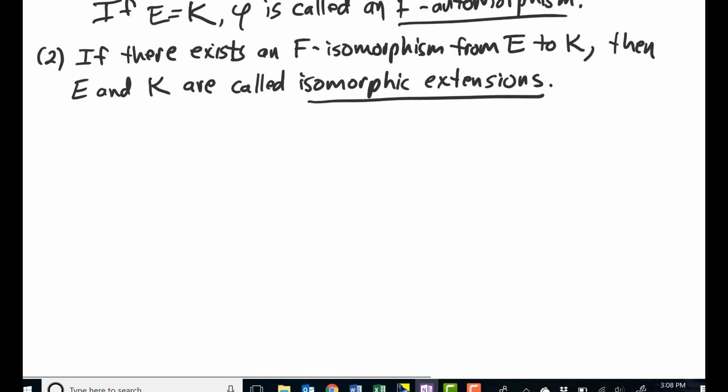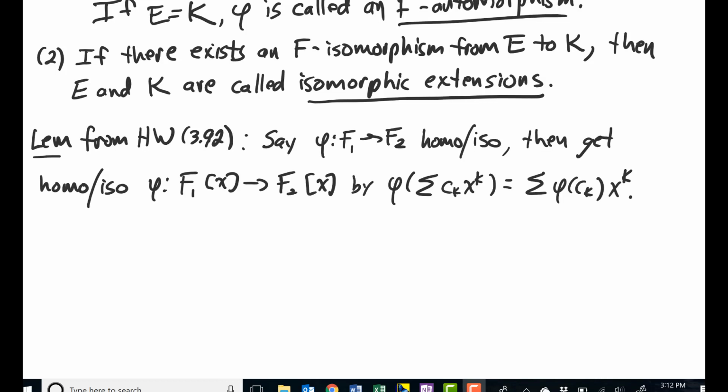Alrighty, so we're going to start with a reminder of a lemma that you proved in your homework. It's pretty straightforward, but we're going to use it a lot. Start with a homomorphism or isomorphism, either case, phi from two fields, F1 to F2. Then we're going to get a homomorphism or isomorphism, respectively. We'll call it by the same name because it's an extension of the original phi.